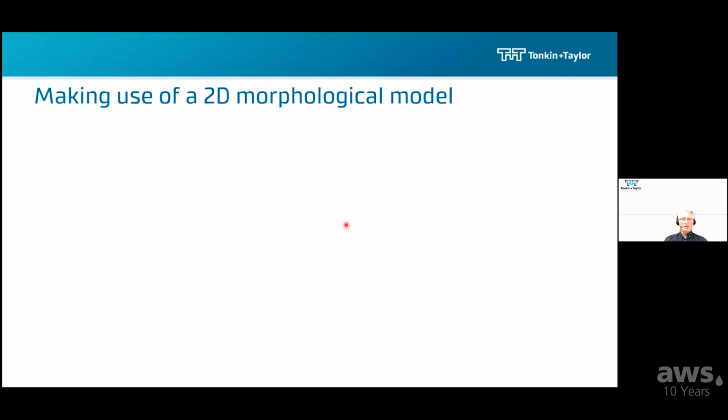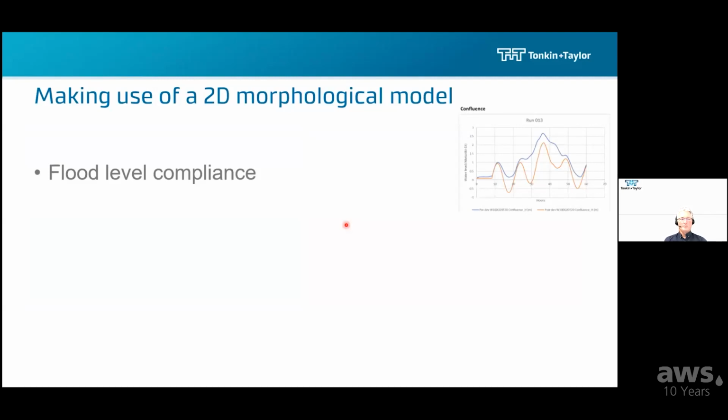So going back, how have we used this morphological model over time? The starting point was flood level compliance. Looking at that, saying, can we put our hands on our hearts and say we're not going to increase the flood risk to what is quite a flood-prone town through the construction of this new harbour entrance?